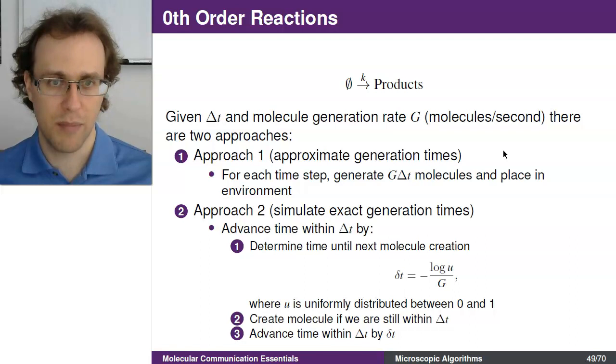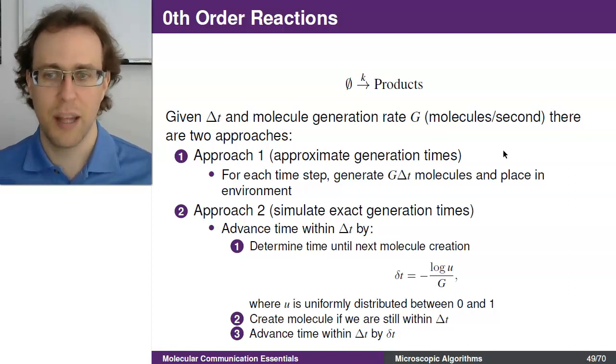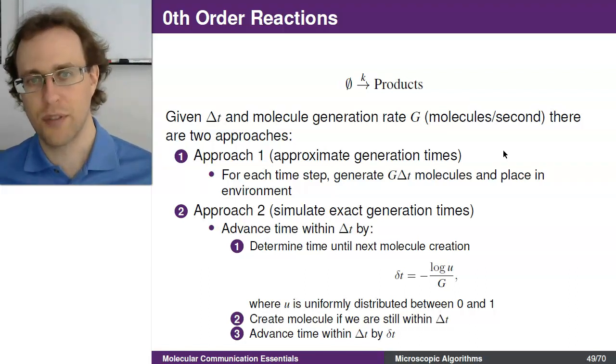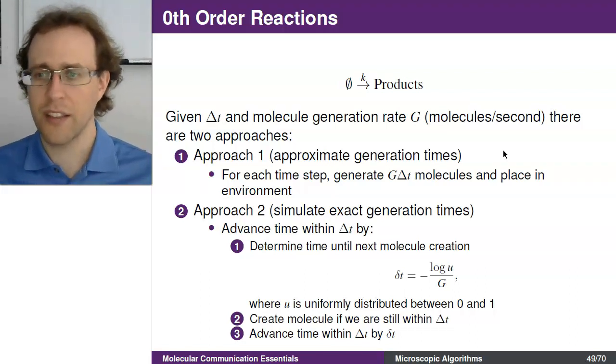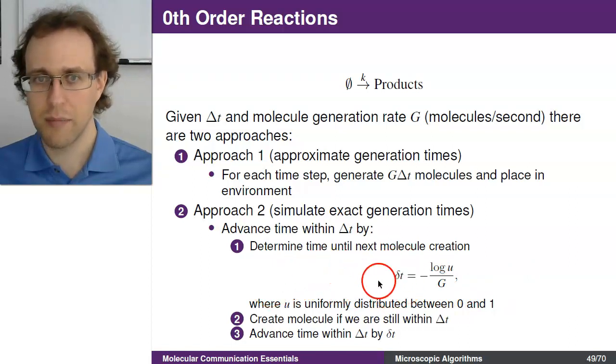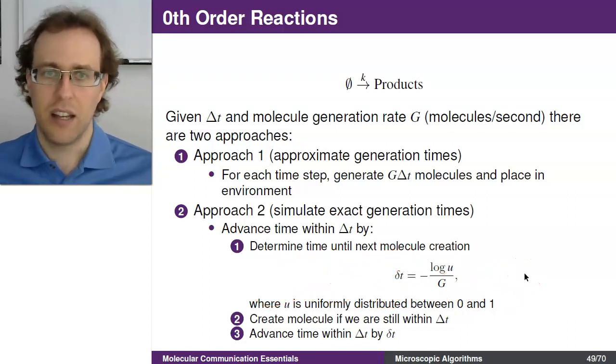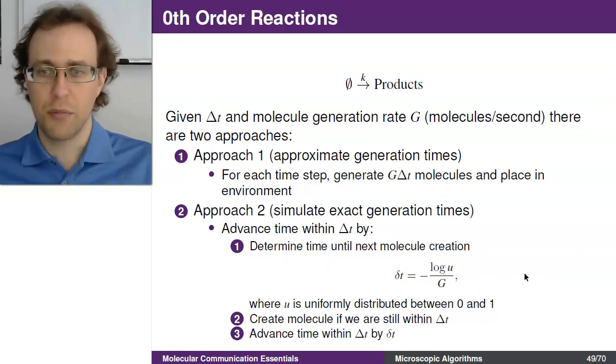This will be a random creation, so the random variable for the time between these sub-steps will be exponentially distributed. You can get this by generating a uniform random value between 0 and 1, taking the log of that value, and taking the negative log divided by the generation rate g. That will give us a time, little delta t, until when the next molecule will be created.